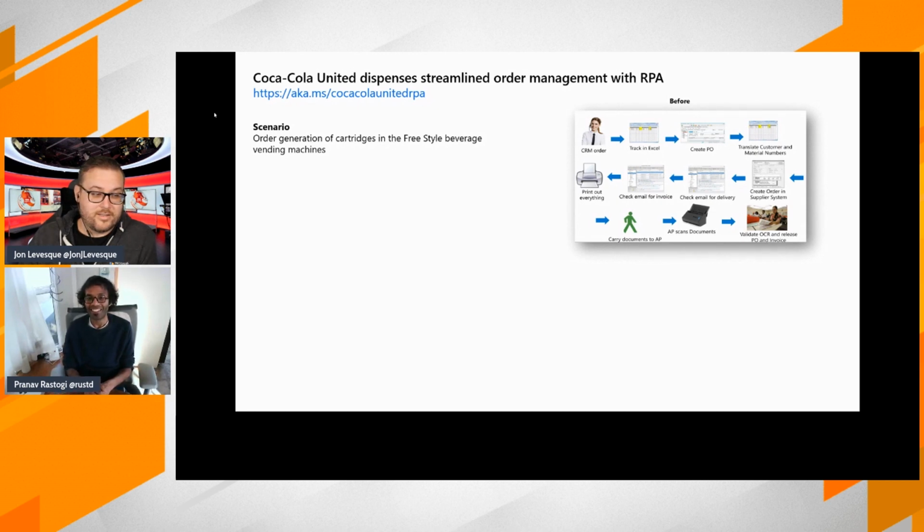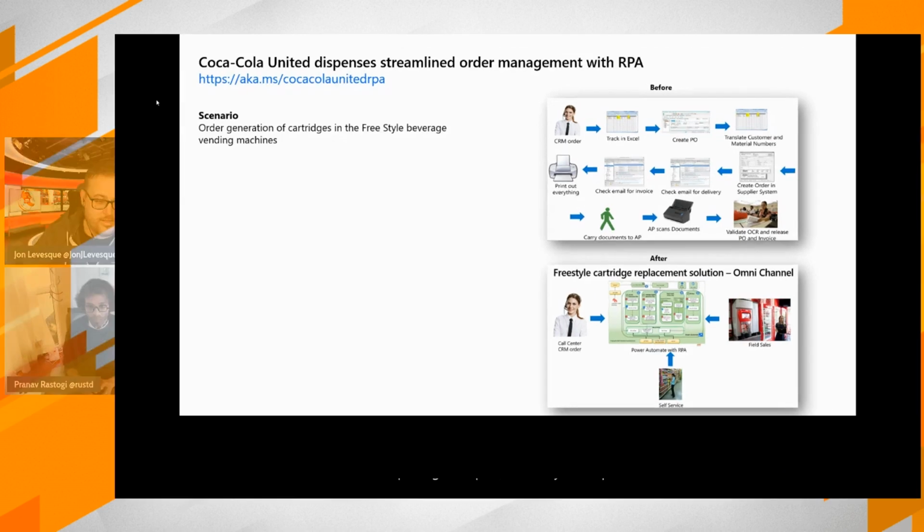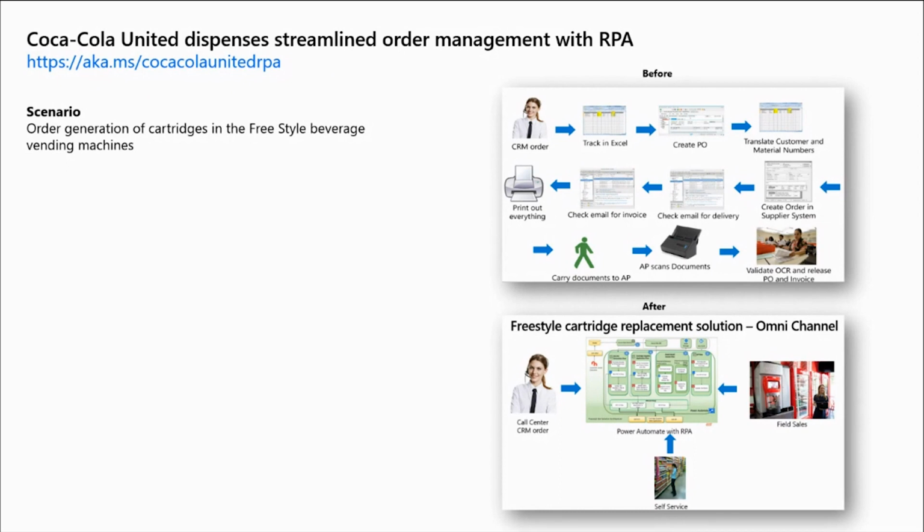Oh my goodness. This was the actual process they had before they started with RPA. Then RPA came around and they started exploring this option, and they built a solution which had multiple components. For example, they created a cloud flow and a desktop flow that did generation of data into SAP.